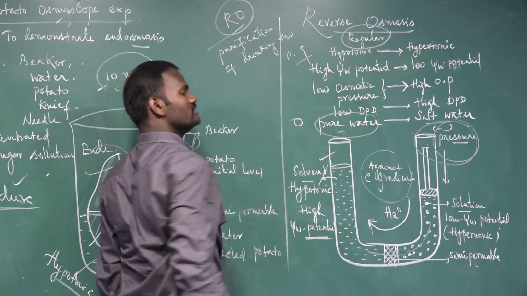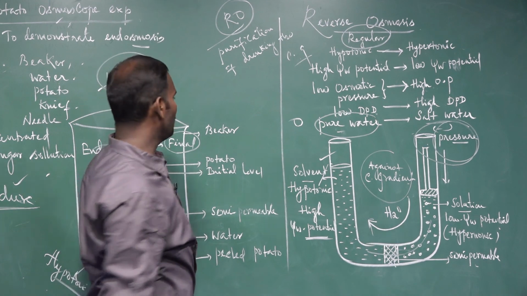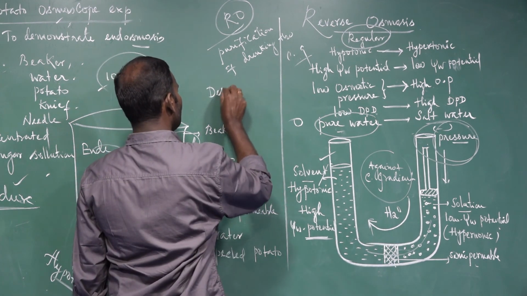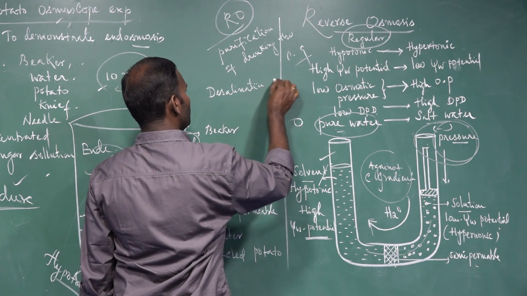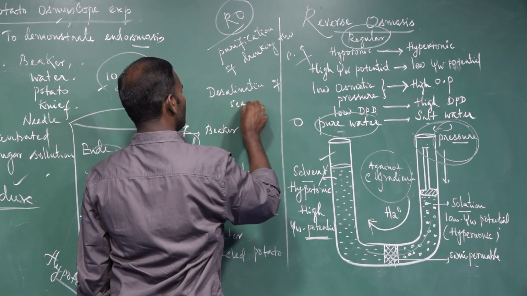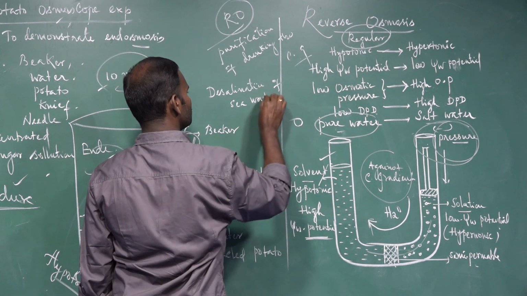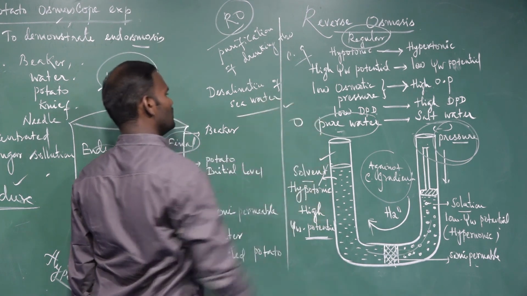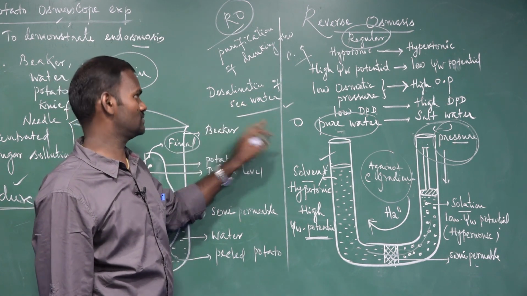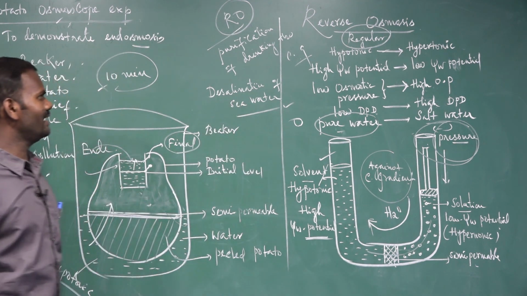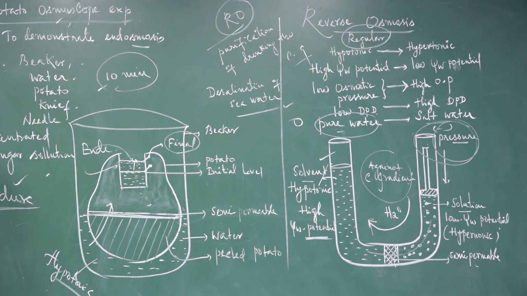The term RO is nothing but reverse osmosis, and it is also used in desalination of seawater or salt water. So these are the importance and significance of reverse osmosis. Okay. Next we are going to discuss absorption of water.